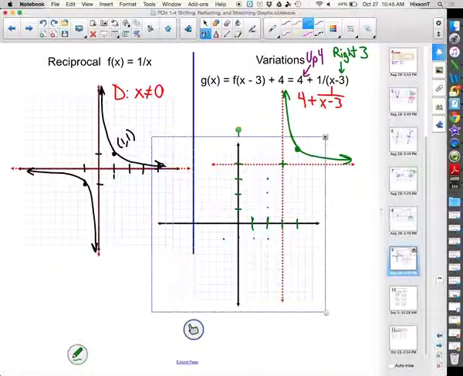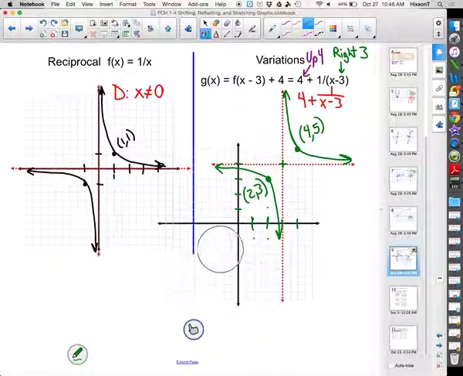Okay? So there's that point. And I've got it. Okay? Now I am going to label these points. This is going to be the point 4, 5. And this will be the point 2, 3. Okay?